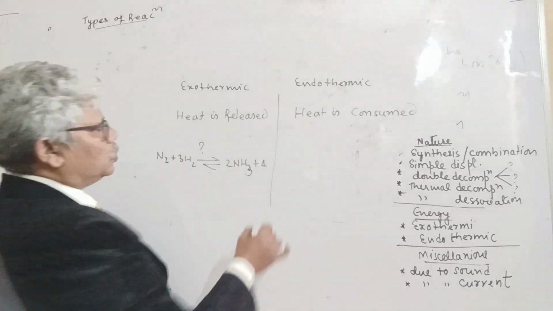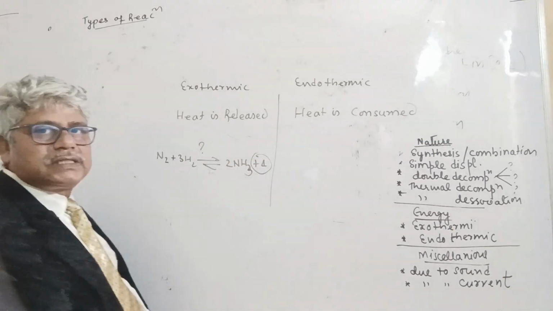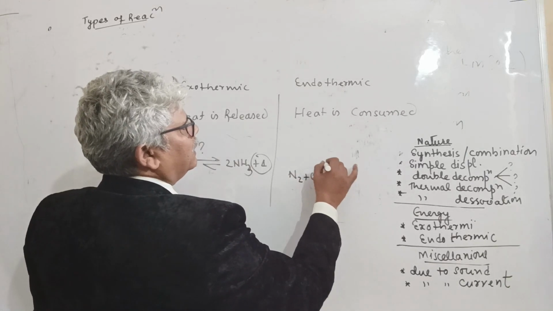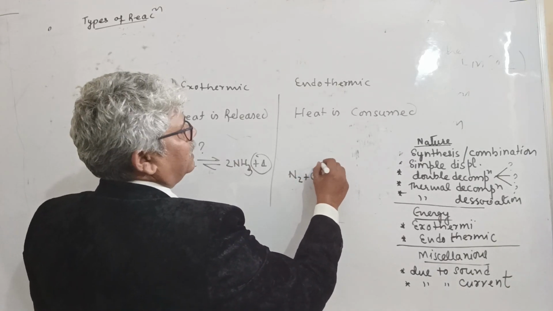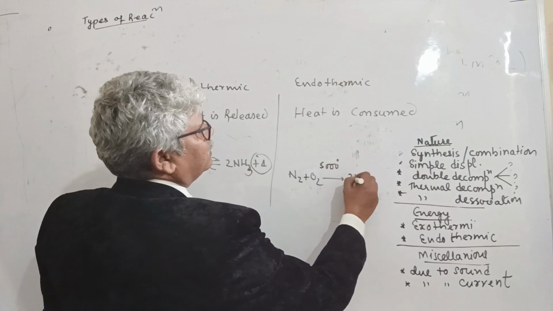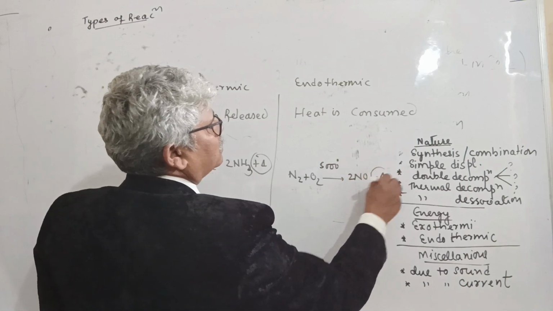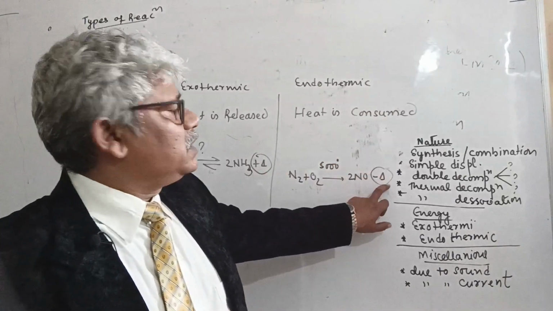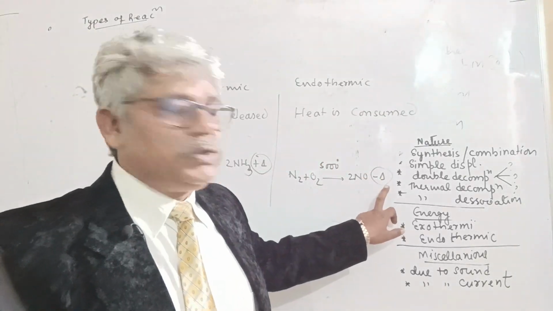So plus sign shows release of heat. But in this case, N2 plus O2 at a certain temperature like 5000 degrees centigrade gives NO. It is endothermic. So reaction in which heat is released, reaction in which heat is absorbed or consumed.